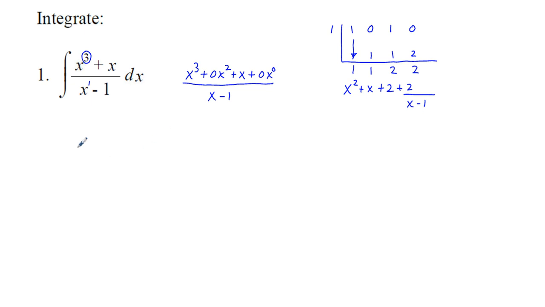Let's go ahead and rewrite this. We have a replacement with the integral of x squared dx, plus the integral of x dx, plus, I'll just put this 2 outside, 2 times the integral of dx.